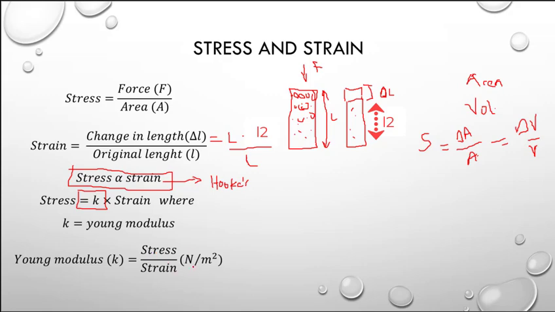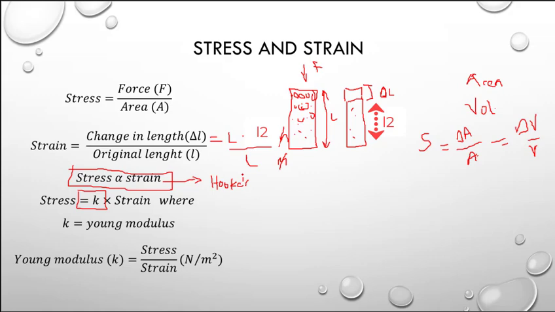And if you observe, the unit of Young modulus is Newton per meter square. Why is it Newton per meter square? If you observe the formula of strain, we said change in length over length. The unit of change in length is meters. The unit of length is also meters. If you cross it out, you see that there will be no unit.